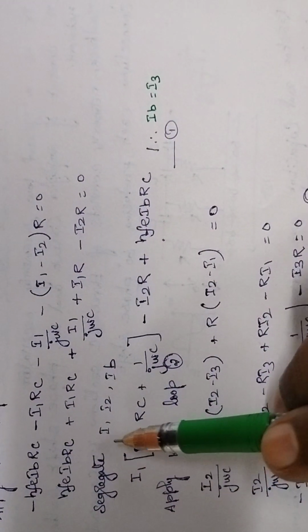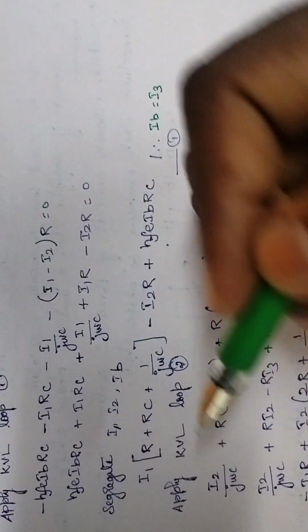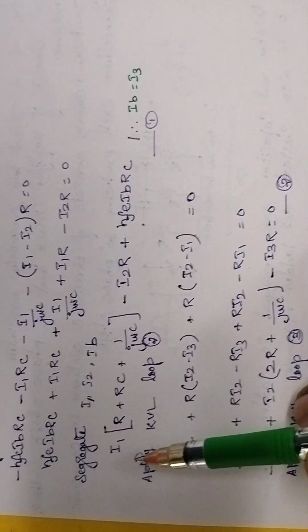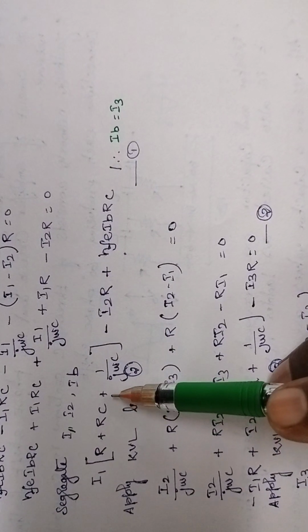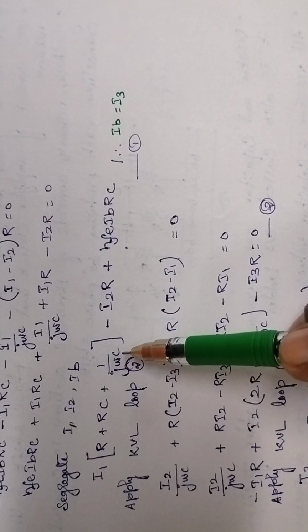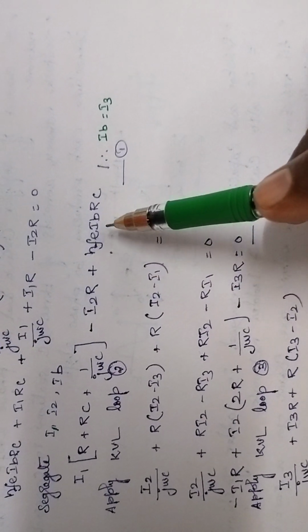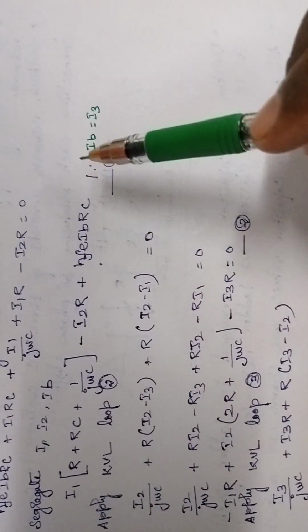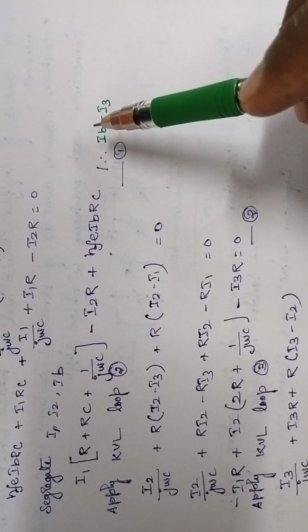So segregate the I1, I2, and IB: I1 into (R plus RC plus 1 divided by j omega C) minus I2 R plus hfe IB RC. Here the IB current equals I3 because of the feedback current.